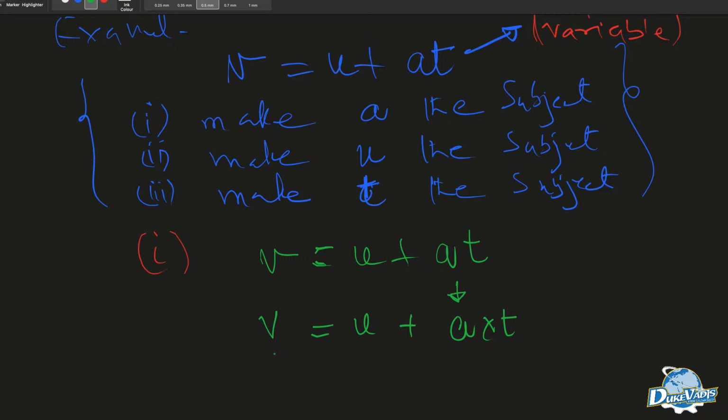So what can I do? I should always remember that in every equation, what I do to the left, I do the same to the right hand side.